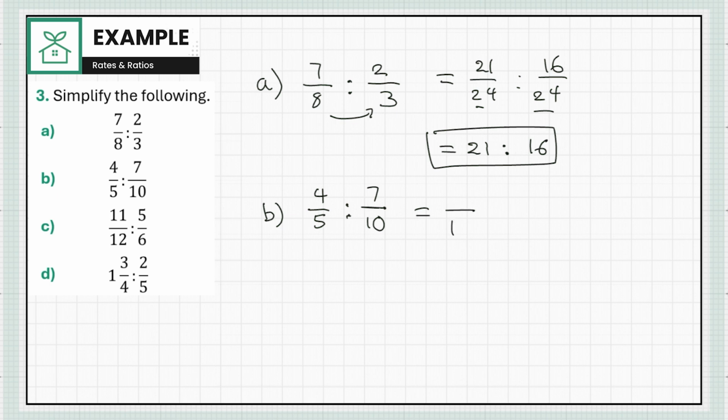So we can actually change this to 10, and we'll leave the other one out of 10. So how have I gone from 5 to 10? I've multiplied it by 2, so I have to do the same to the 4. And now I've got my ratio in terms of two fractions that have the same denominator. And we can drop the denominator and just leave them as the numerators.